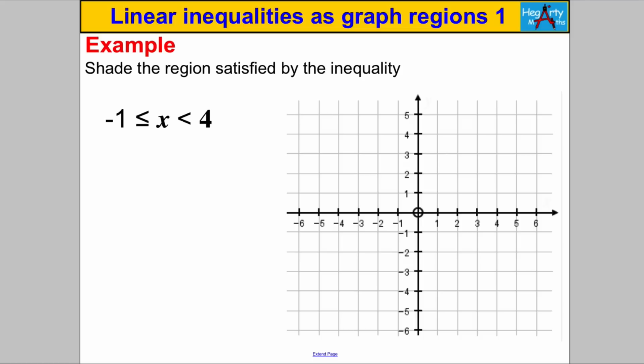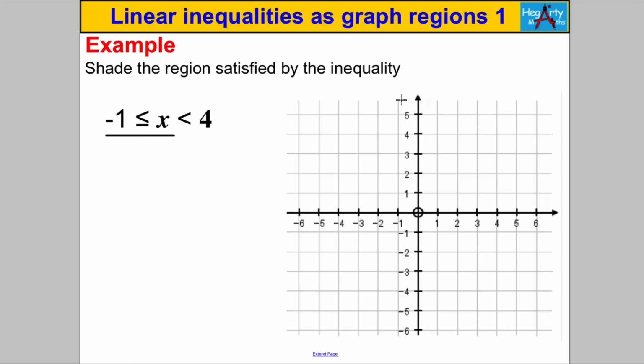So we're told to shade the region satisfied by the inequality x is less than 4 but bigger than or equal to -1. We're going to draw ourselves 2 lines here. The first line we're going to draw is the line x equals -1, and because x is bigger than or equal to -1, we're going to use a full line here.